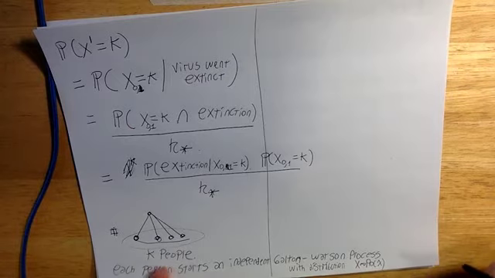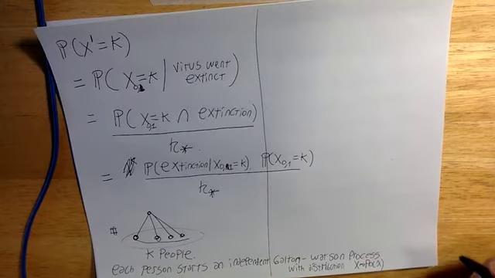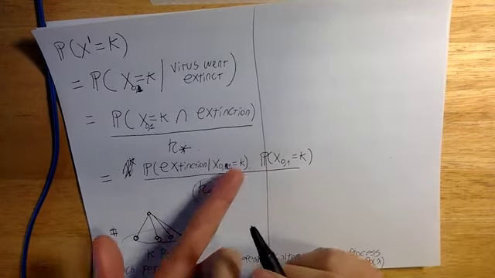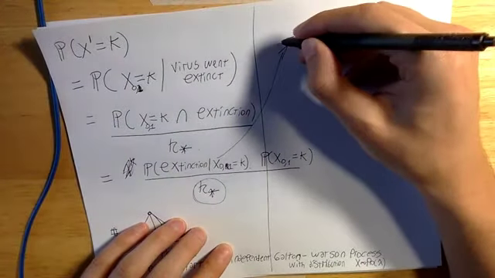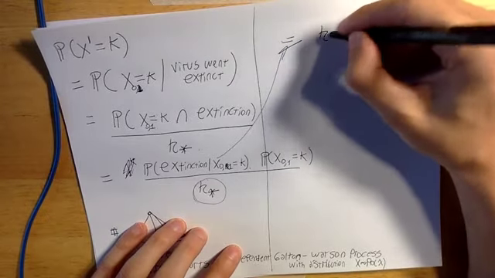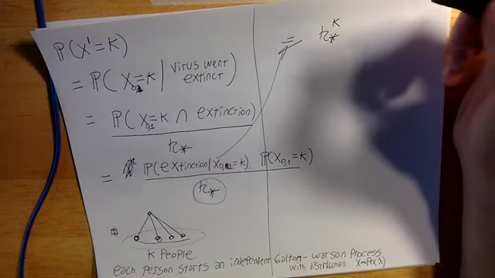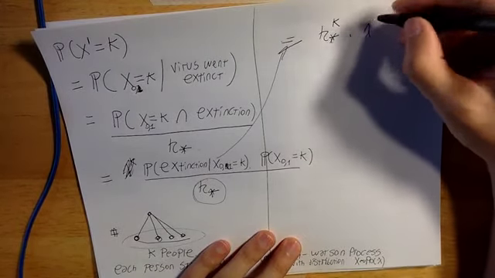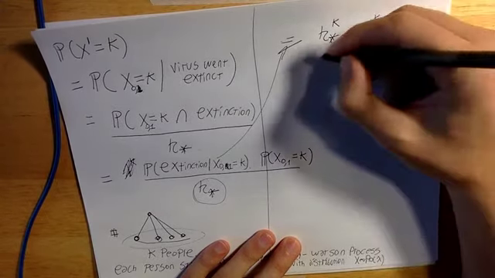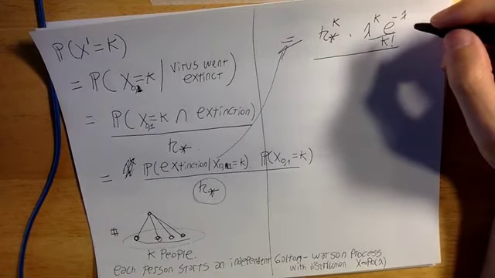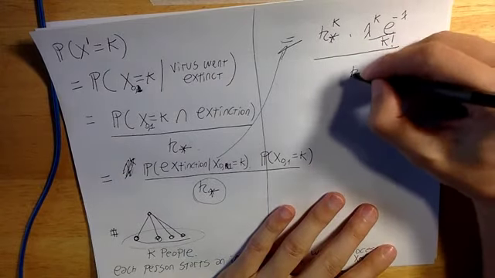We actually calculated the probability of extinction for a Poisson lambda, and this is equal to the probability of extinction to the k, because each one is independent. So this probability is going to be equal to eta star to the k times lambda to the k e to the minus lambda over k factorial, over eta star.